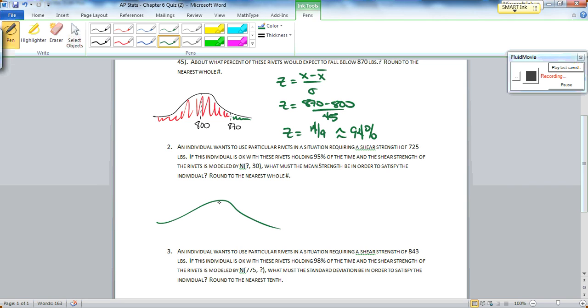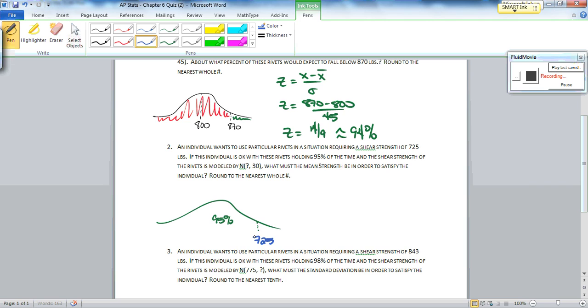Again, if we were to say, well, what we want is 95% success, I guess the 95 would be 95% of the rivets here, and we had a value of 725 here. That means that 95% of the rivets have a shear strength less than 725 pounds.